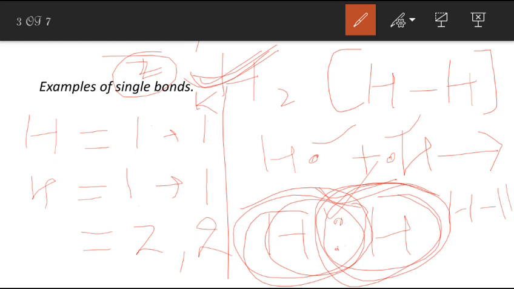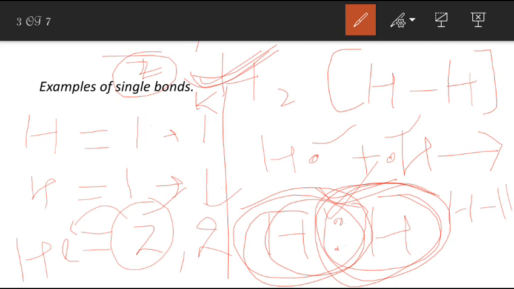So you will remember, in the formation of a covalent bond, they do not gain electrons or lose electrons, they only share electrons. Here only mutual sharing of electrons takes place and they become stable. So when they share one electron, their electronic configuration becomes stable and matches helium, the noble gas.